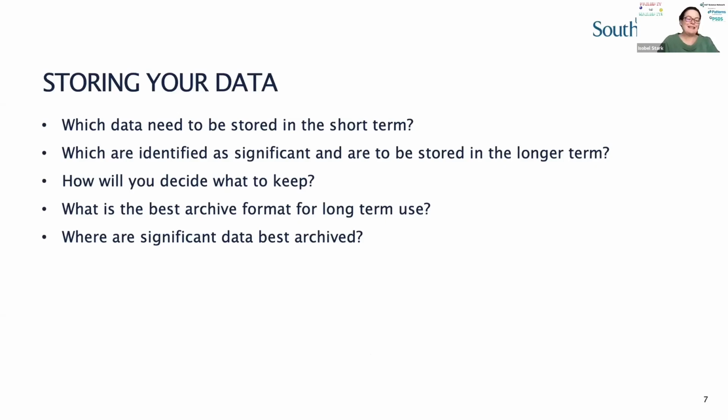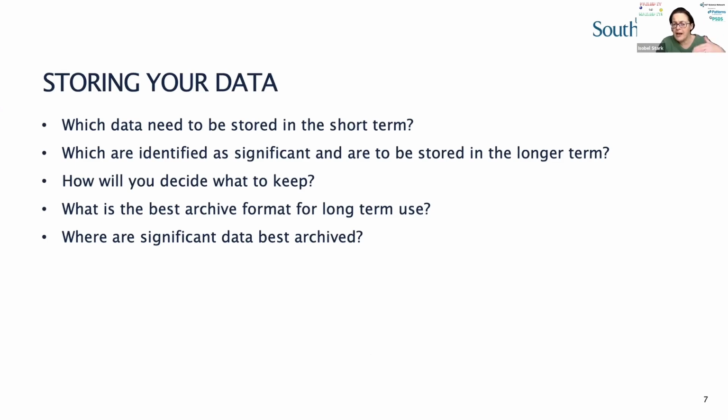So you need to think about storing your data, what you need to store in the short term, what you might need to keep for longer term. How are you going to decide what to keep? Eventually, what will be the best format to archive the material, and where that material should be deposited for long-term use.